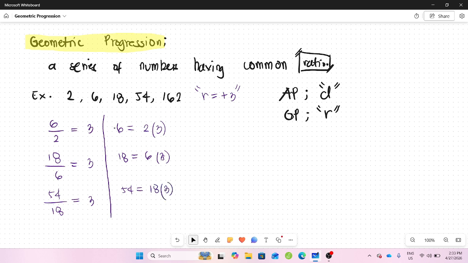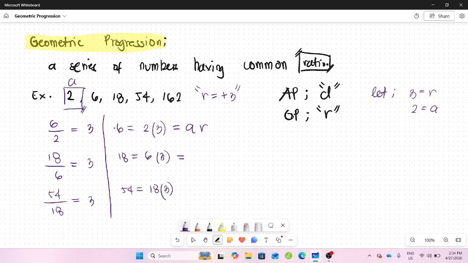Okay, now let us assume that 3 is equal to R, while 2 is equal to the first term, which we say is simply A. So in short, we could see that this one is A times R, for the second term, 6.